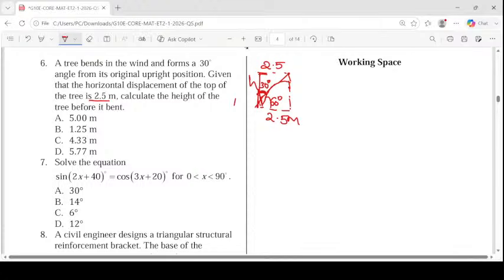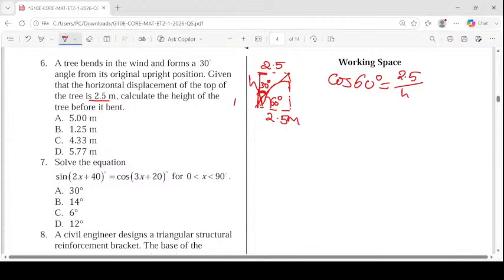We are going to say cos 60 degrees is equivalent to the adjacent, which will be 2.5 in this case, over the hypotenuse, which will be h that we are looking for.